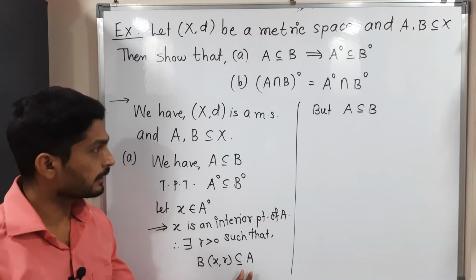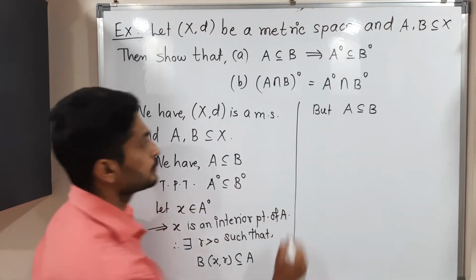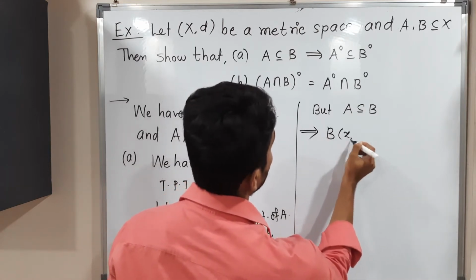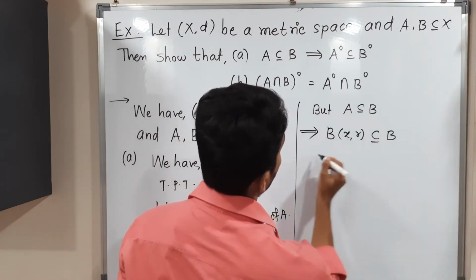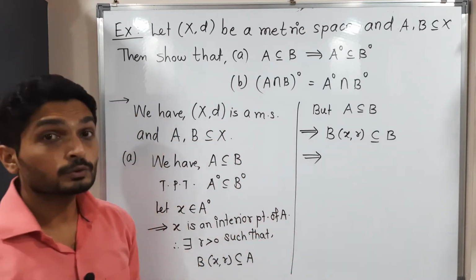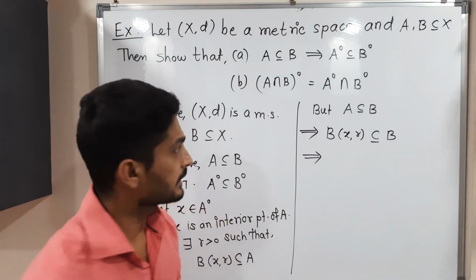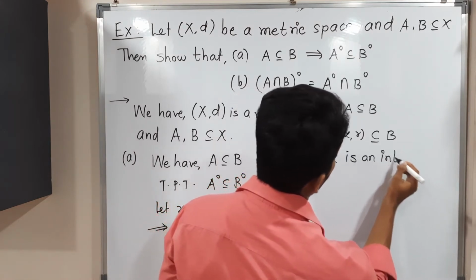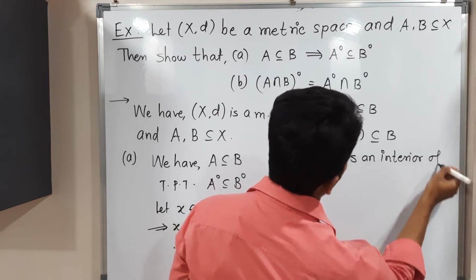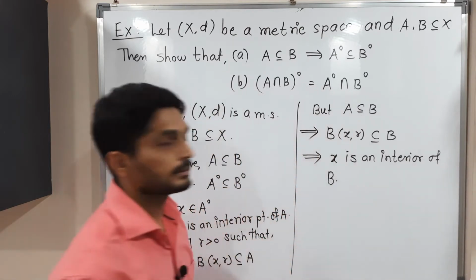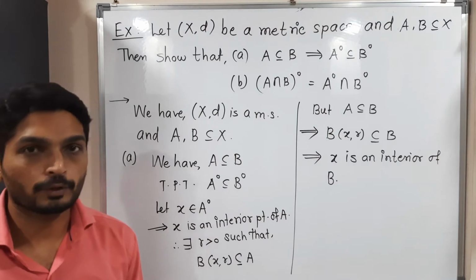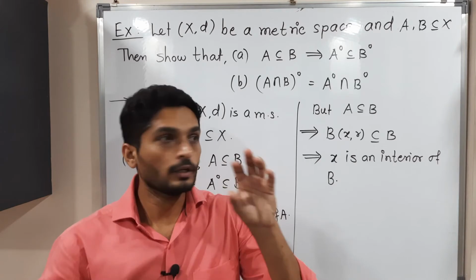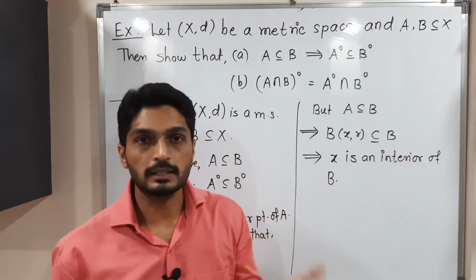The open ball is a subset of A, but we have A subset of B. So if you combine, we have the open ball B(x, r) is a subset of B. So by definition of interior point, we can say x is an interior point of B. I simply used the definition of interior point, which says there exists a ball with center x and radius r which should entirely lie inside B. Same thing we have.